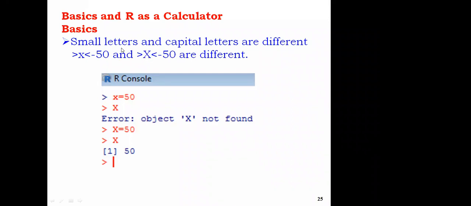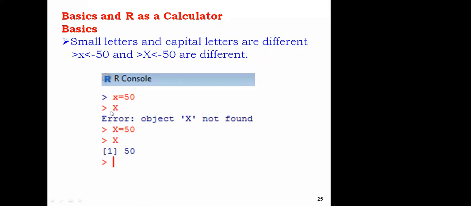So small letters and capital letters are both different, and R is not able to read them as the same. Okay, so if we write small x equal to 50 and after clicking enter, then hit enter, then what will we get?